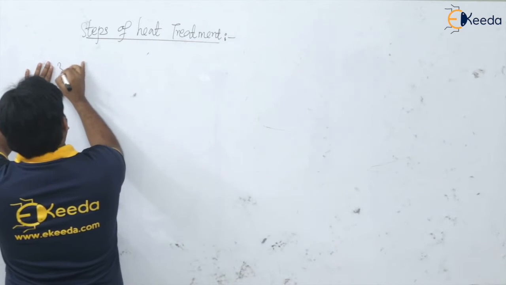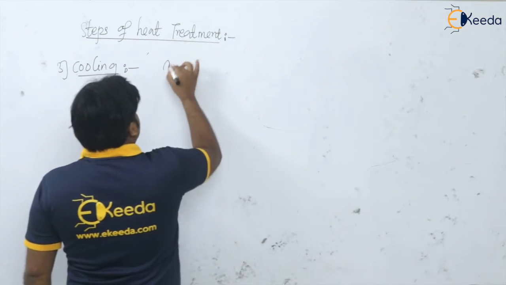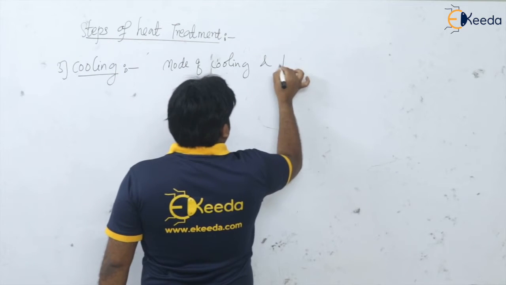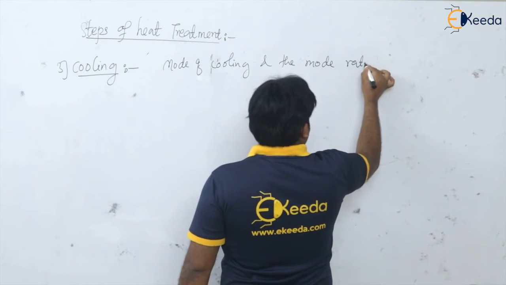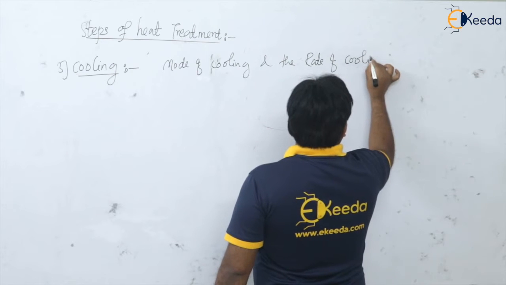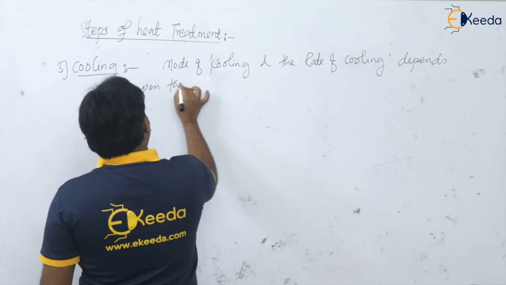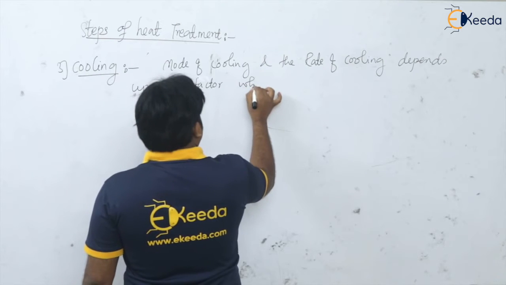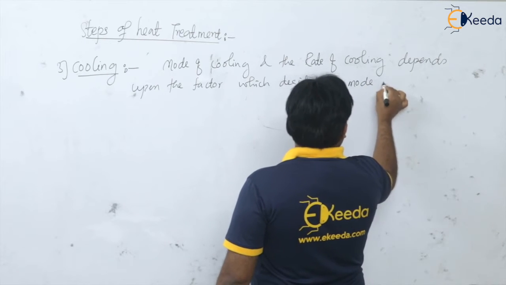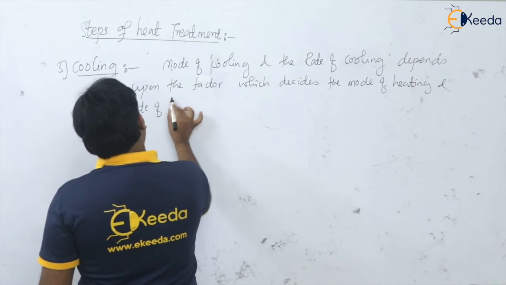Let us see, the third step is cooling. So dear students, please remember that the mode of cooling and the rate of cooling depend upon the same factors which decide the mode of heating and rate of heating.